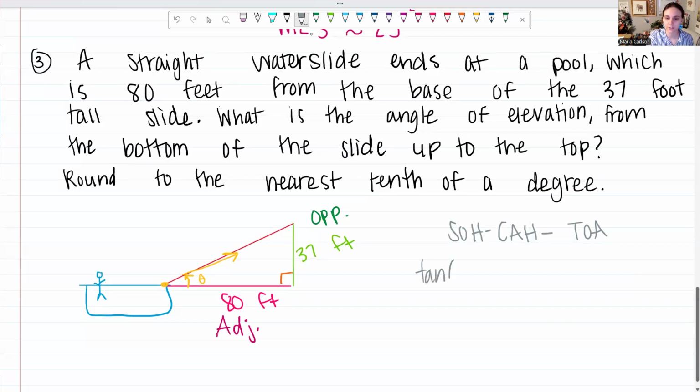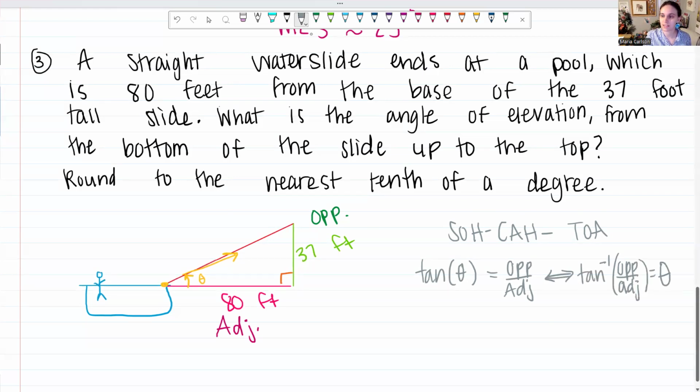The tangent of any angle is equal to the opposite over the adjacent. And we know the opposite over the adjacent. I'm going to use the inverse tangent. I'm going to say tangent to the negative first power, the inverse tangent of that opposite over the adjacent.